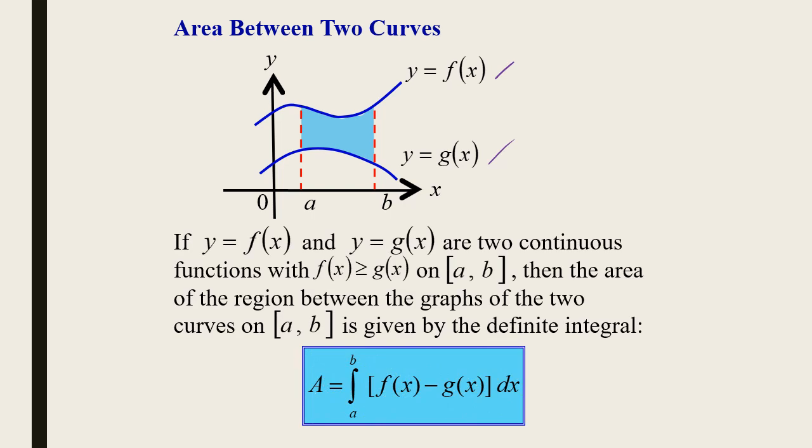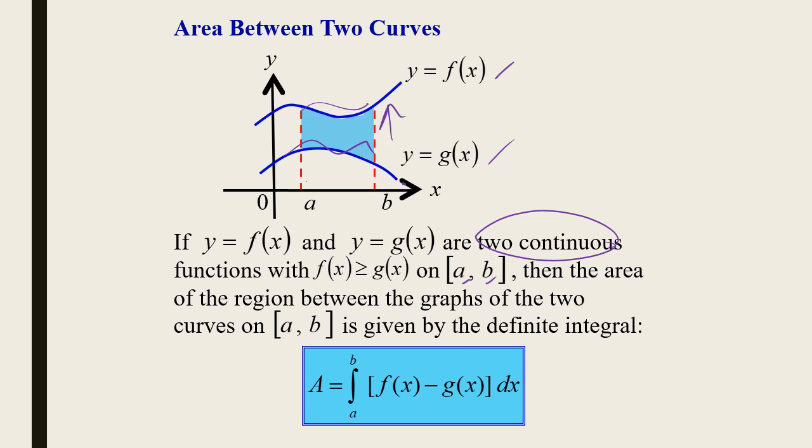If y equals f(x) and y equals g(x) are two continuous functions with f(x) more than or equal to g(x) on the interval a to b, then f(x) will be above g(x), at the top of g(x) from a to b.